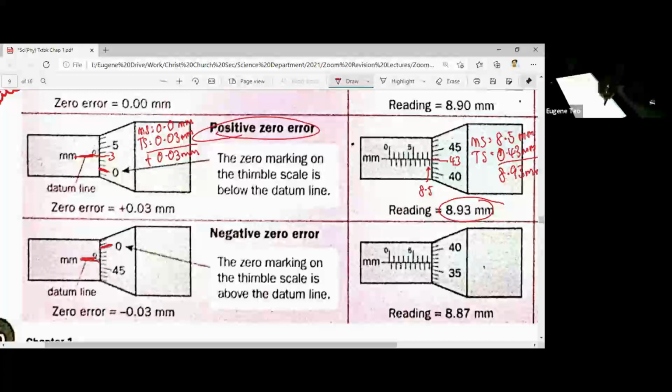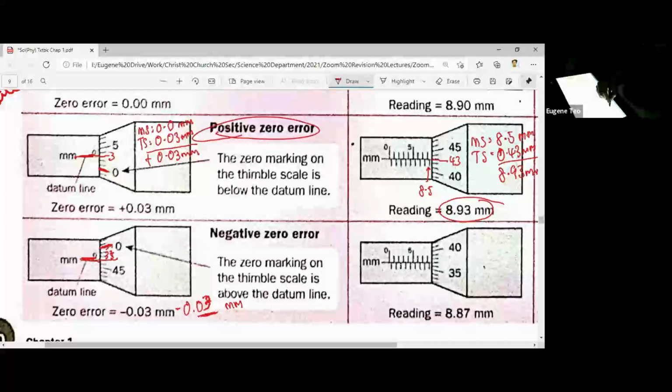For a micrometer, generally the zero error, you must count backwards. So it's 0 point something mm. If I count backwards, it's 1, 2, 3. So I count backwards 3, that's why it's 0.03 mm zero error.